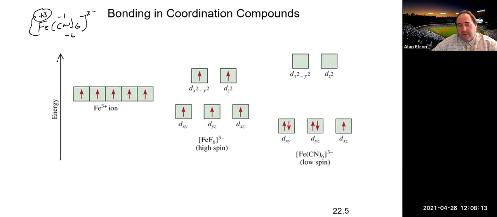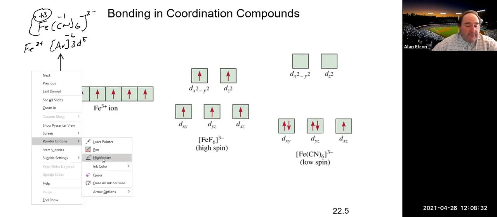Again, we're starting with the same +3 charge on our iron, which means, just like we had previously, we're looking at argon 3d5.